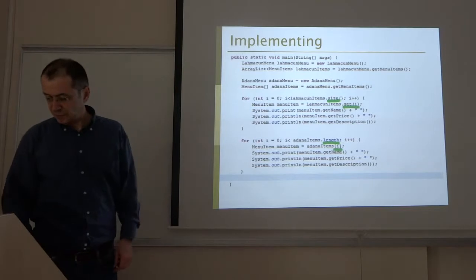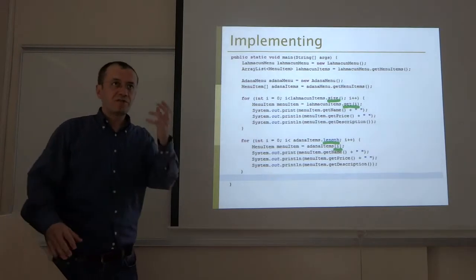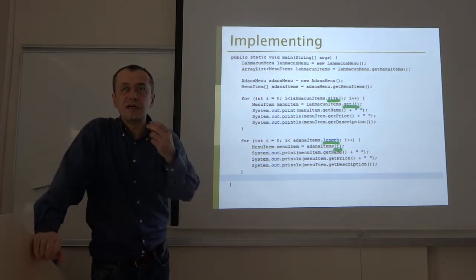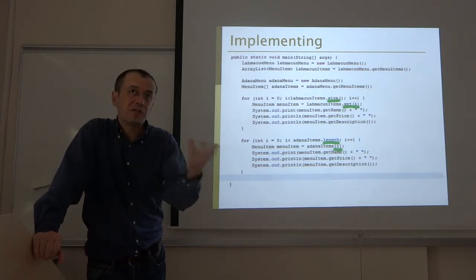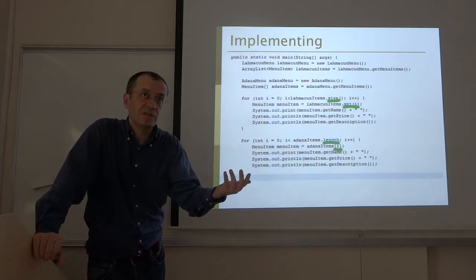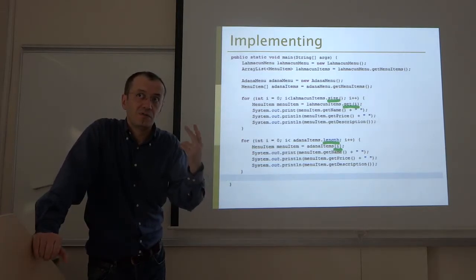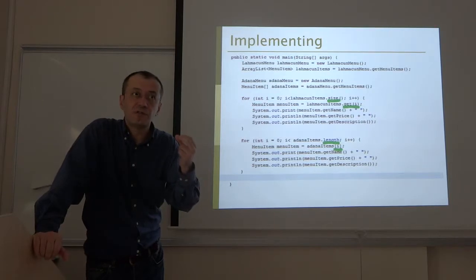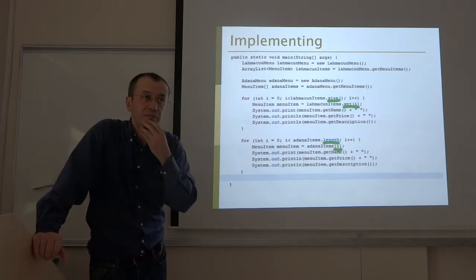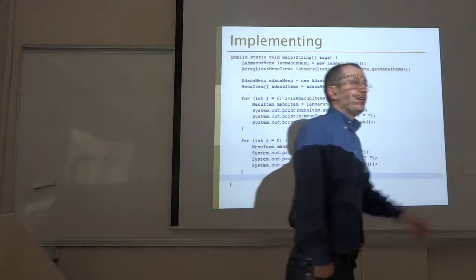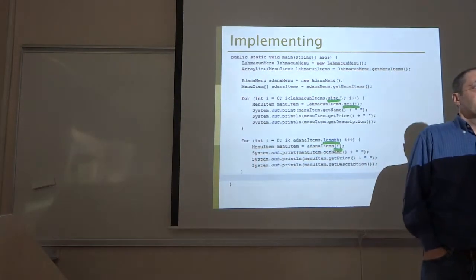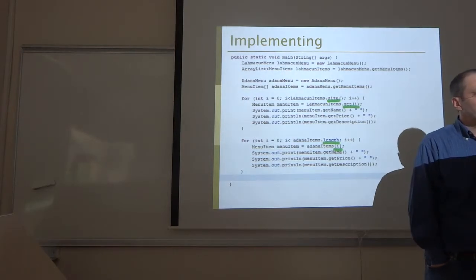Anyway, so what do I need? What is an iterator? Iterator is actually a super type. It's an interface, isn't it? When I use an iterator, I use two things.